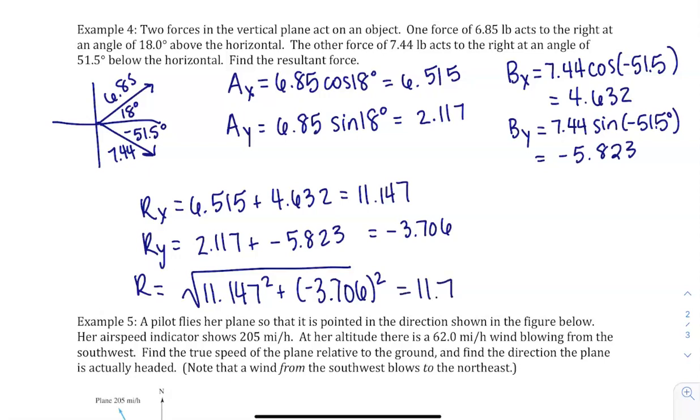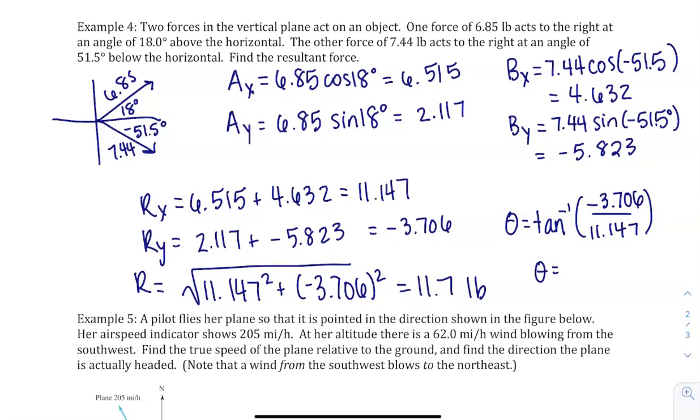You should get 11.7 out of this, and our units in this case for the magnitude are going to be pounds, and our angle will be inverse tangent of our y value over our x value, and that's going to give us negative 3.706 divided by 11.147, and we get negative 18.39 degrees.